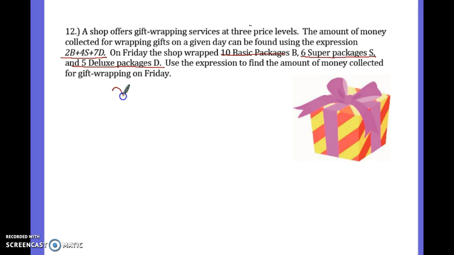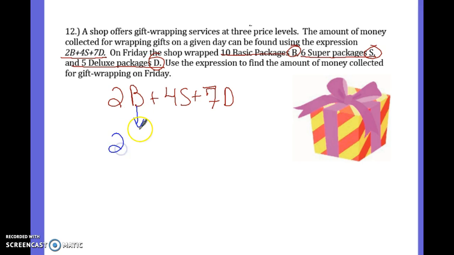So I'm going to write out my 2B, where B is my basic packages, plus 4S, where S is my super packages, plus 7D, where D are my deluxe. So I can just substitute these numbers in. For B, I'm going to have 2 times 10, plus 4 times how many super?